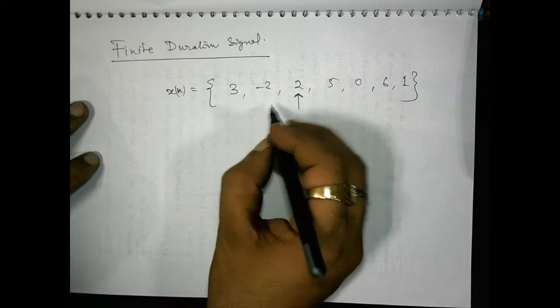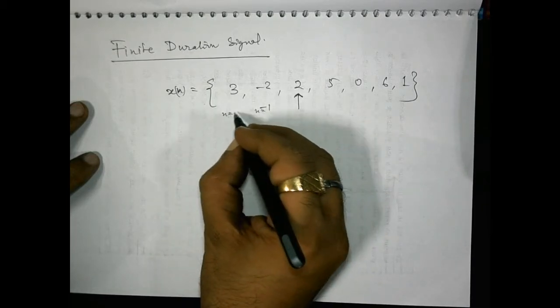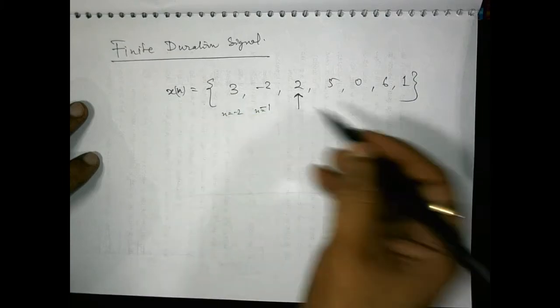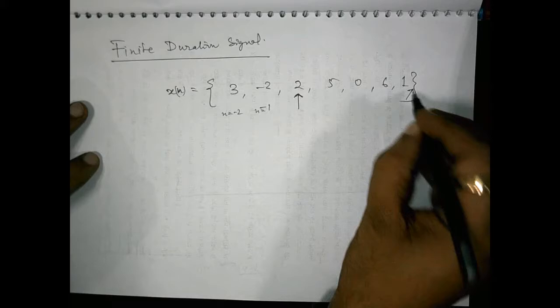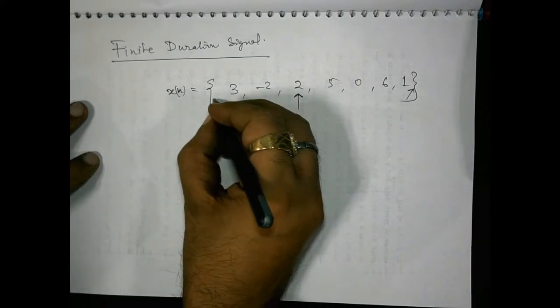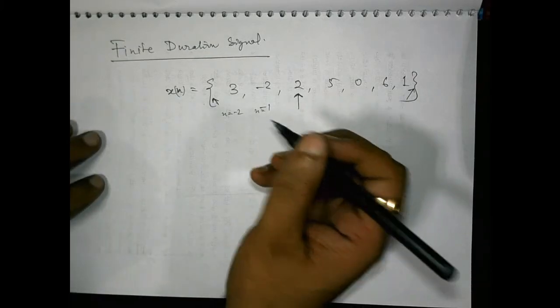This means at n equal to -1 the strength is this, at n equal to -2 the strength is this, and this way. But what you are looking at is that this signal is finite duration. This means it has some beginning and some fixed end point. This is a both sided finite duration signal.